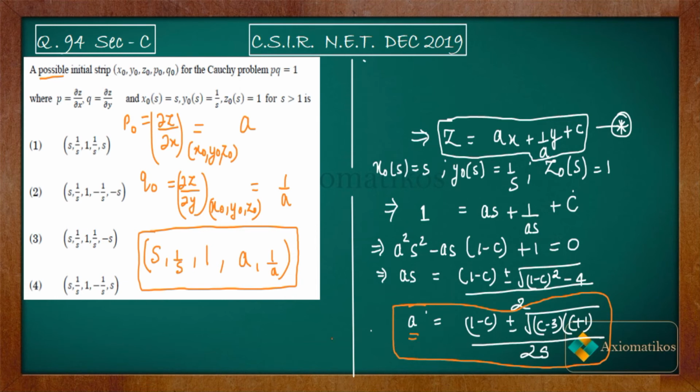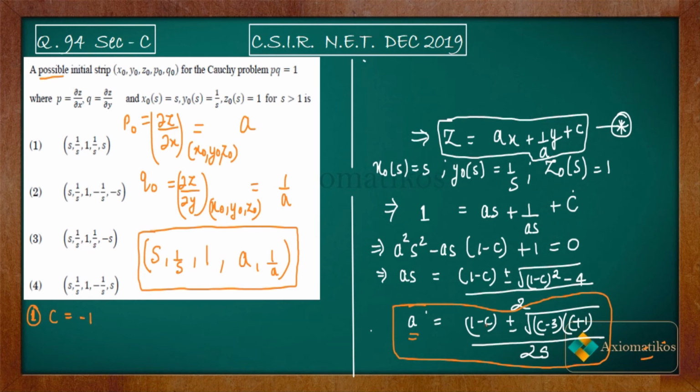Now see, for option 1, if you put your c as 1, let us see what will happen. If you put c as 1, this will be 0, this will be 2, and this will be minus 2. I think we should put c equal to minus 1, then it will work.